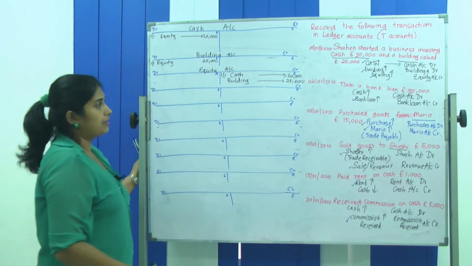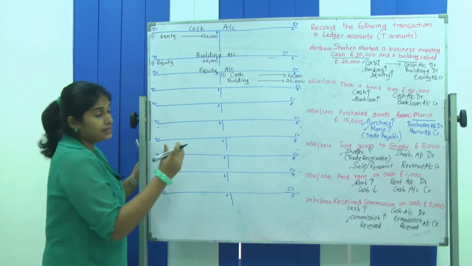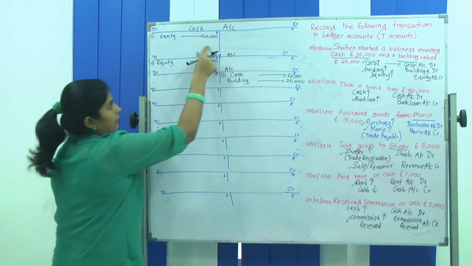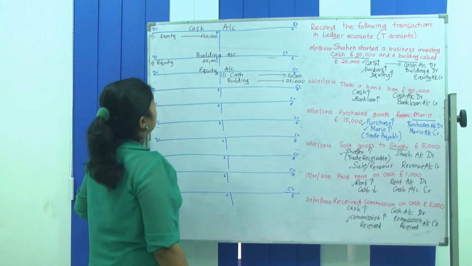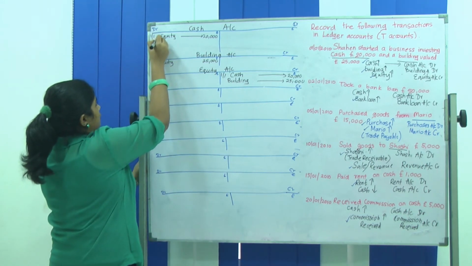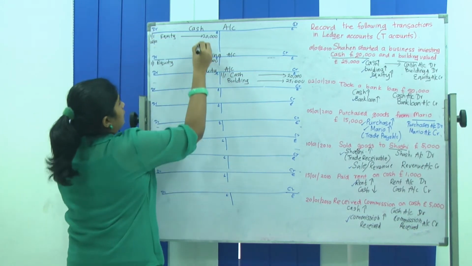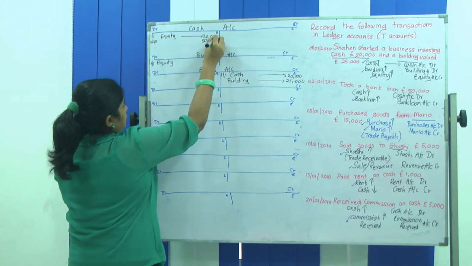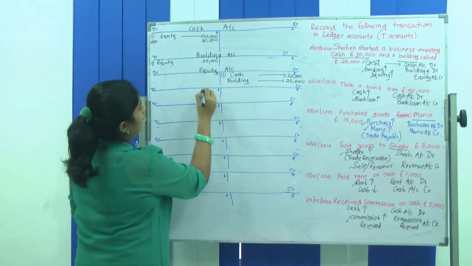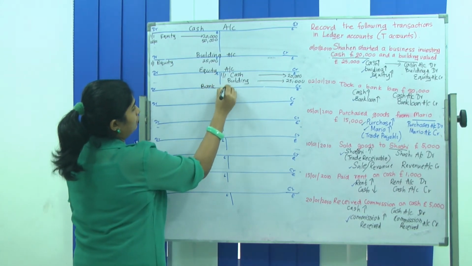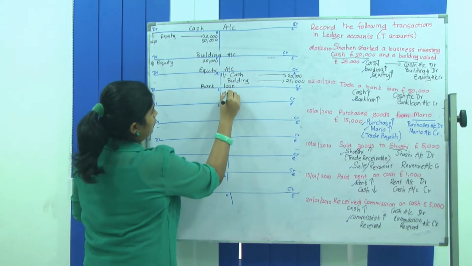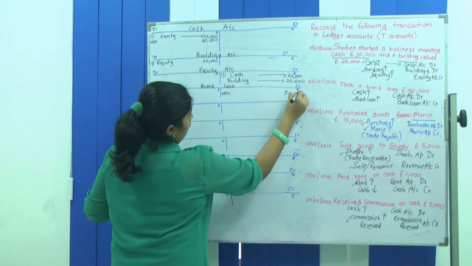Second transaction, where Shaheen takes a bank loan. What happens? Cash increases, bank loan increases as well. So already we have a cash account, so we can record using that same account. So 2nd of January, takes 50,000, and the amounts also should be in a straight line. Then you are creating a liability called bank loan, where you credit that amount, 2nd of January 50,000.